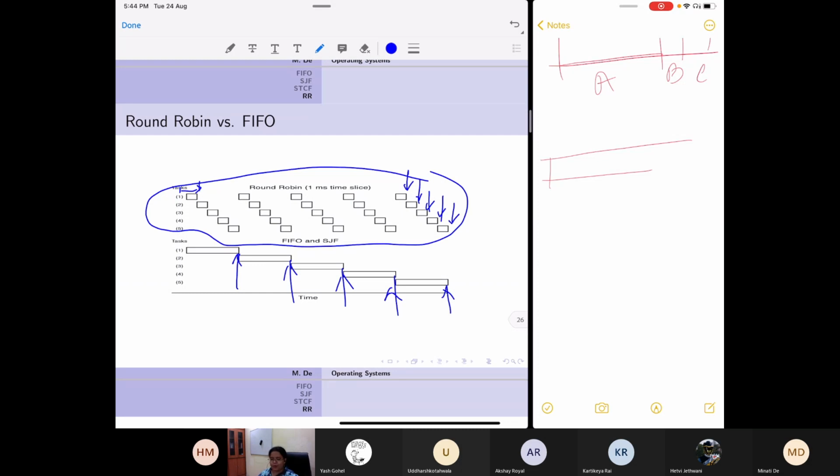It's counterintuitive, you might think round robin will be the better performer, but it is not. With respect to turnaround time, round robin is not performing well. In fact, FIFO is better.